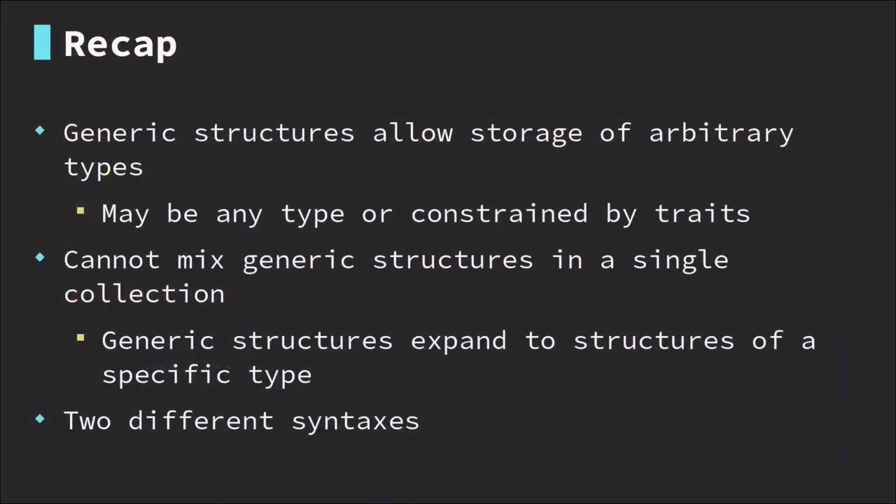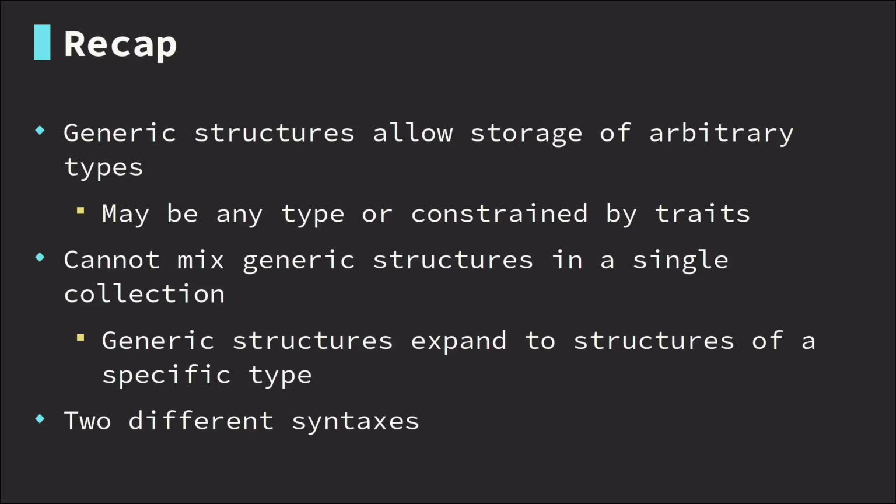To recap, generic structures allow storage of arbitrary types. The types may be of any type, or they may be constrained by traits set on the generic structure itself. You cannot mix generic structures in a single collection. Generic structures expand to structures of specific type, and you cannot mix different types within one type of collection.